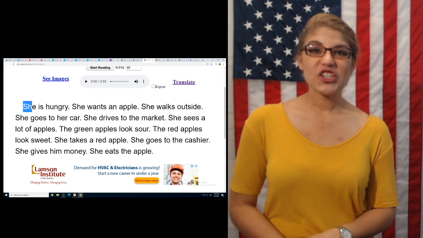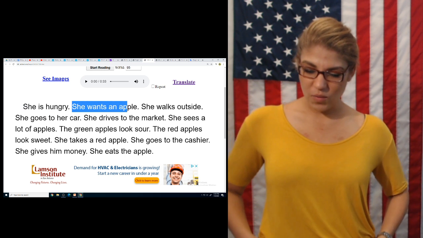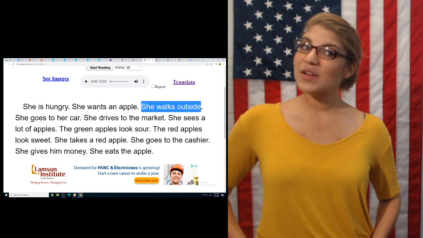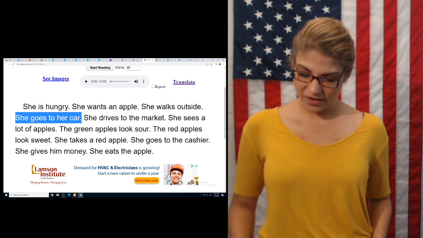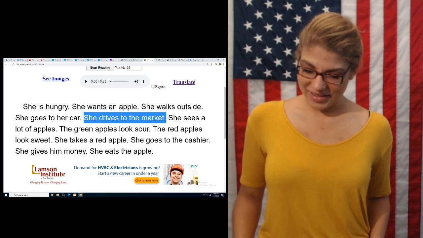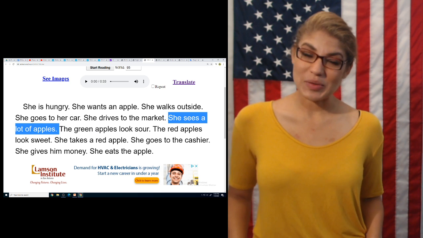Okay. She is hungry. She wants an apple. She walks outside. She goes to her car. She drives to the market. She sees a lot of apples.